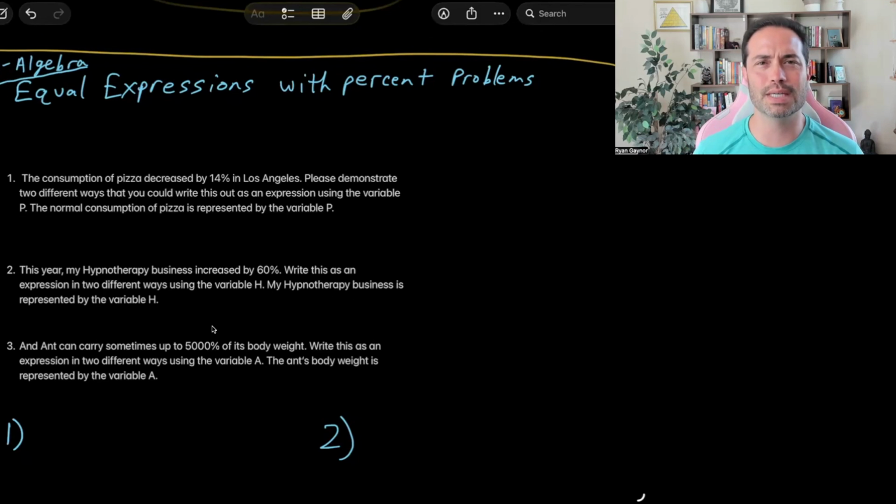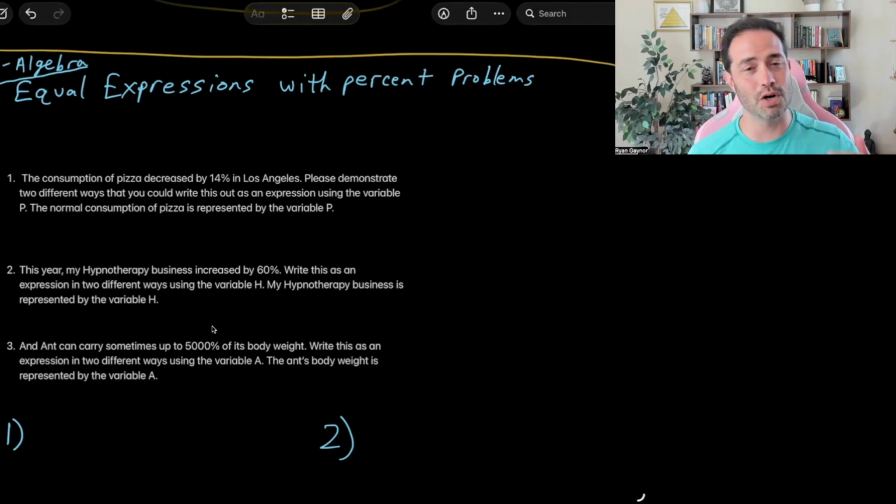So we want to look out for the key words here. Decreased is a keyword, by 14%, another keyword, 14%. So you have to ask yourself, well, what did it start at, right? So this is how percent problems work. What's the most famous percentage? 100%.